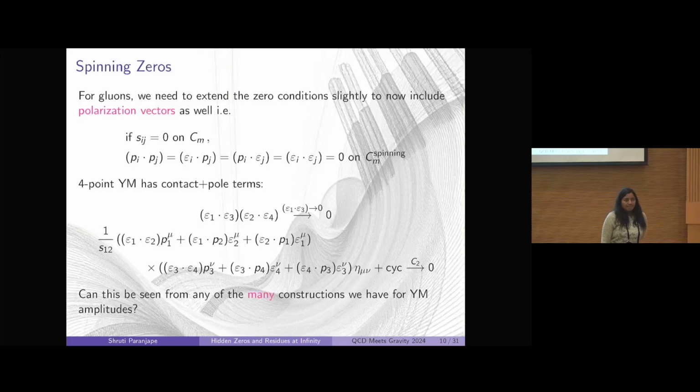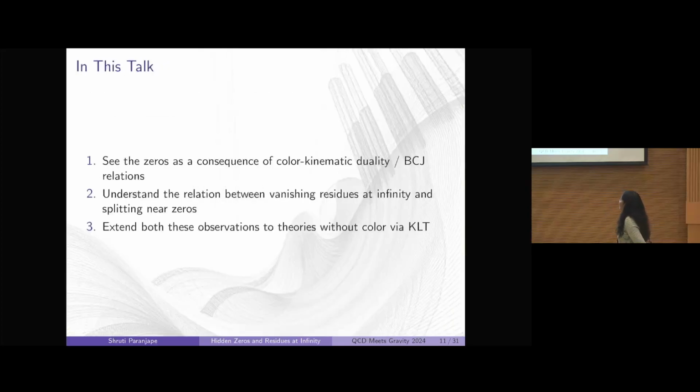All right, good. So now let's come to what I want to talk about in this talk, which is I would like to show you that the existence of these zeros is due to a symmetry. It's due to color kinematics duality.